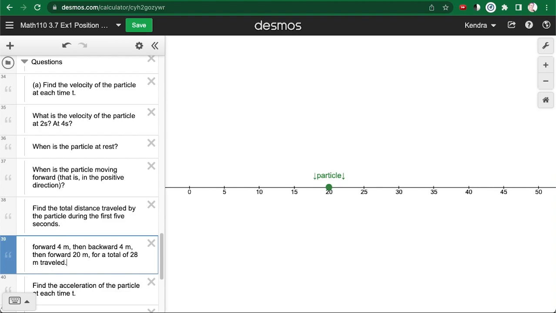So if there were a string attached to the particle, then that string would only be stretched out by 20 meters from the starting point. But the total travel distance of the particle, you know, the particle had traveled a total of 28 meters because it went 4 meters forward and then 4 meters backwards and then 20 meters forward.